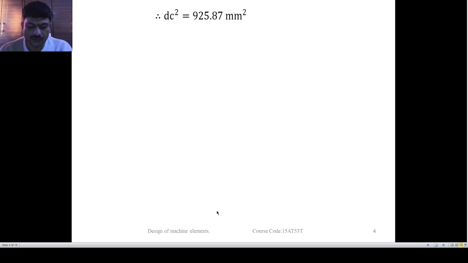Now find the value of dc. It is the square root of 925.87, which is nearly 30.42. This is the root or core diameter of the eye bolt. Assuming coarse threads, dc is equal to 0.84 d. Therefore the nominal diameter of the bolt, small d, is equal to dc divided by 0.84.